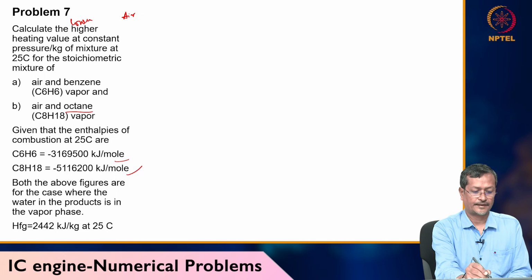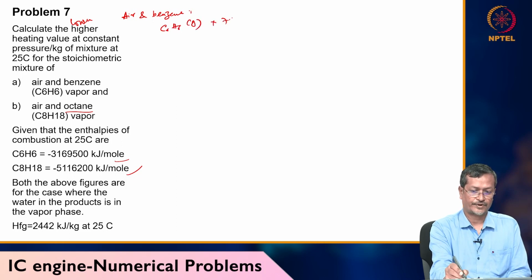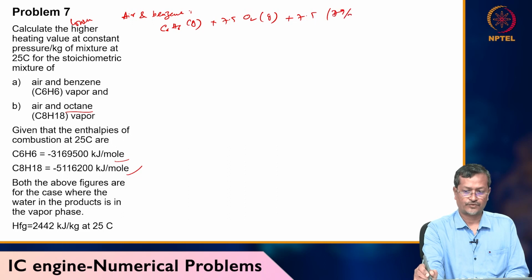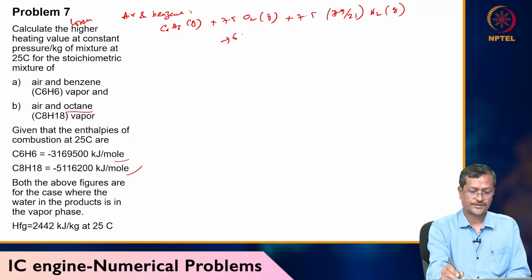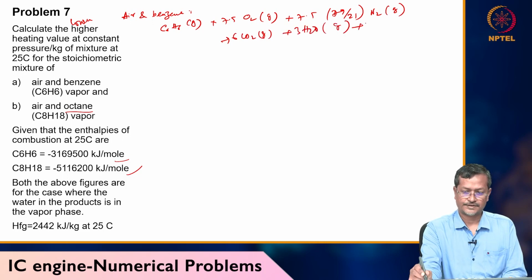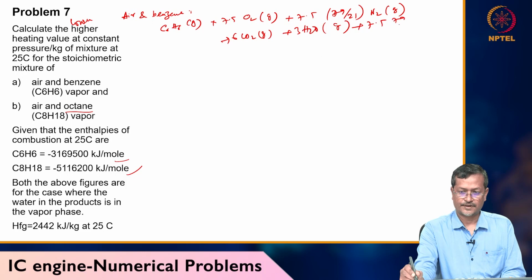The equation is C6H6 gas plus 7.5 O2 gas plus 7.5 times 79 by 21 nitrogen gas gives 6 CO2 gas plus 3 H2O gas plus 7.5 times 79 by 21 N2 gas.